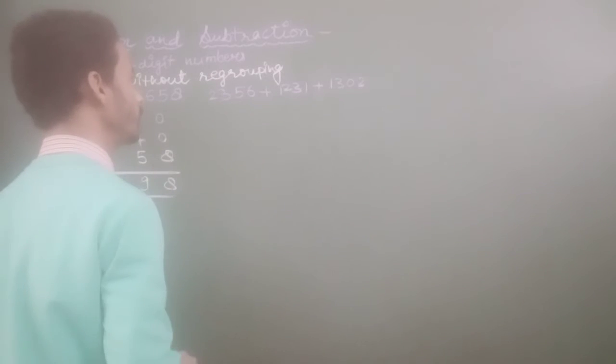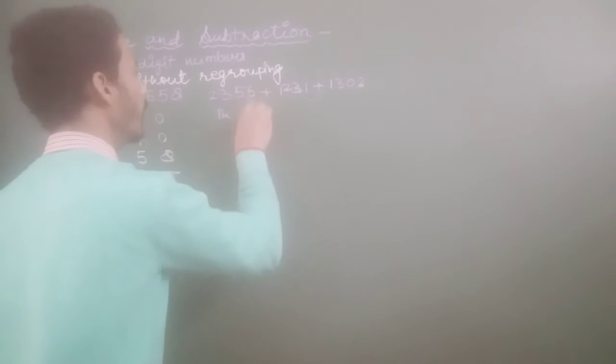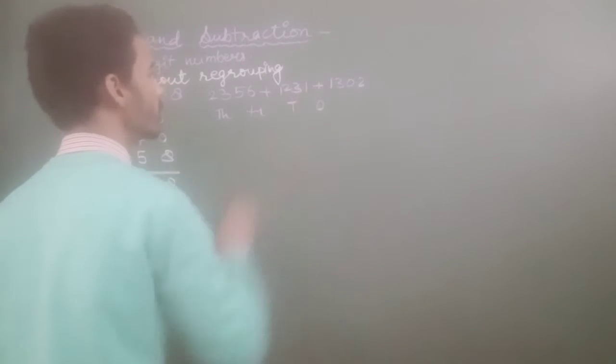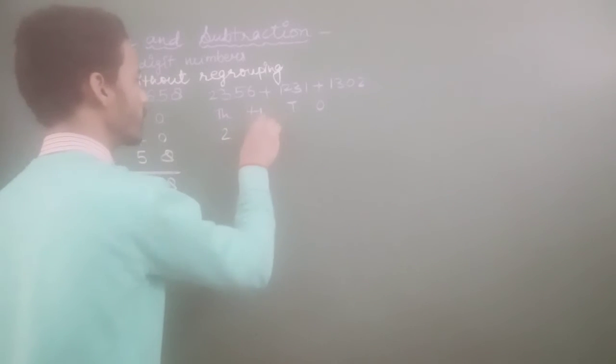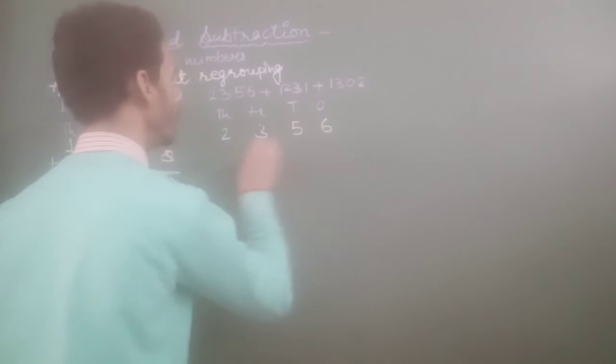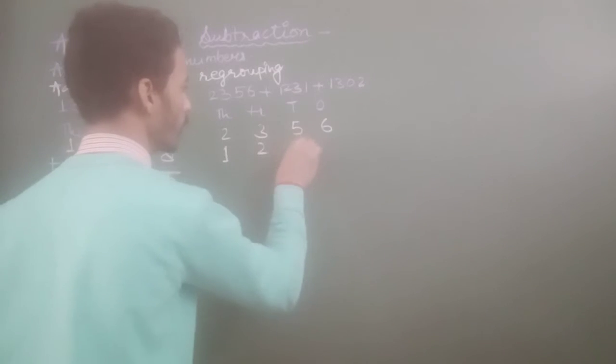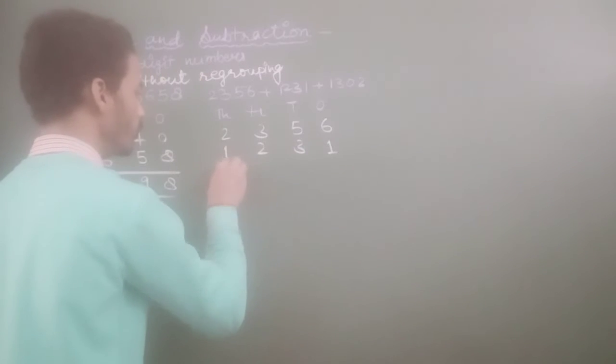So write in columns: thousands, hundreds, tens, ones. 2356, 1231 and 1302.